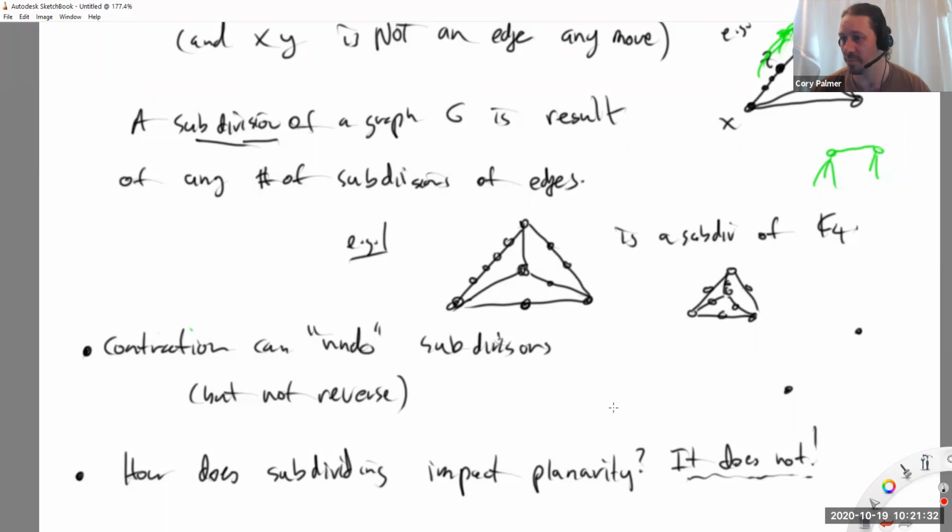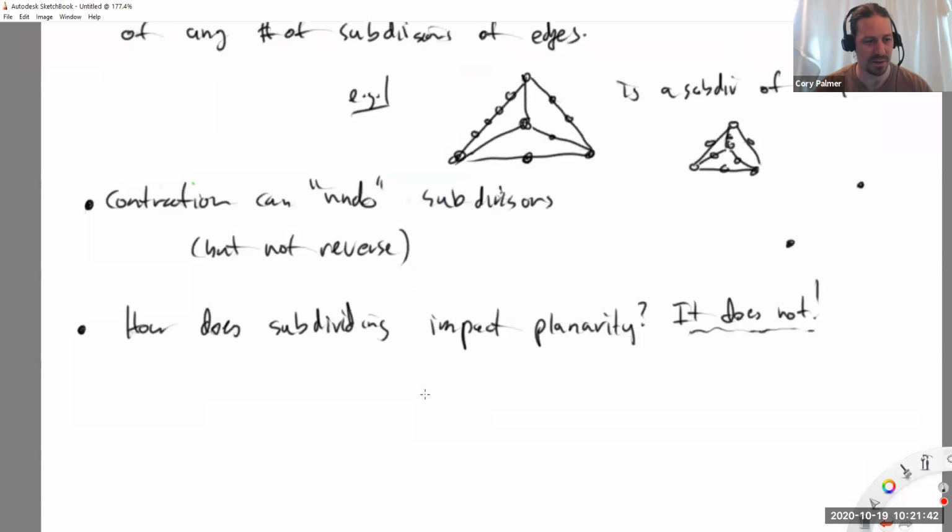Suppose my graph is not planar and I do a bunch of subdivisions. Can it become planar? And the idea is basically the same, that you can't magically make it planar, for the same reason. Ignore all the subdivisions and just look at that path as a single edge. If I could somehow embed it with the dots along it with no crossing, then I could embed it by ignoring the newly introduced vertices as well without crossings, right?